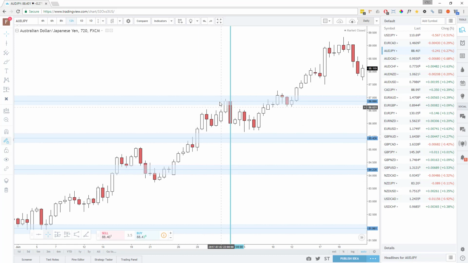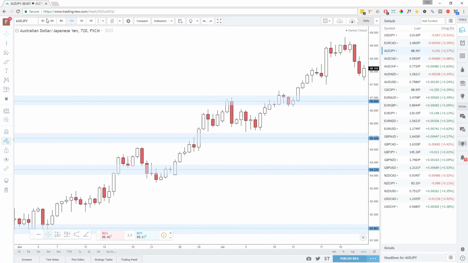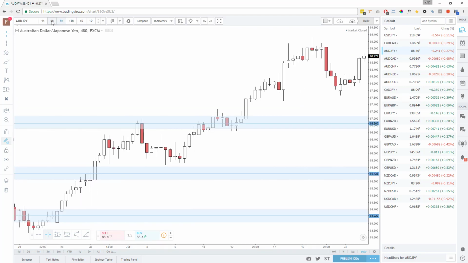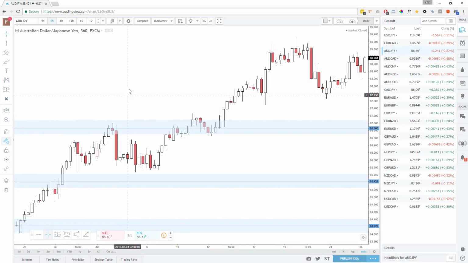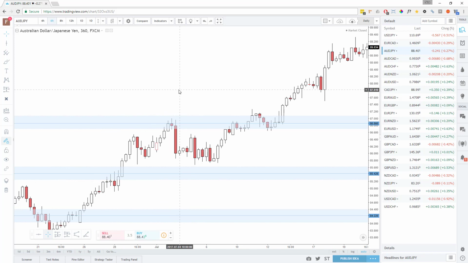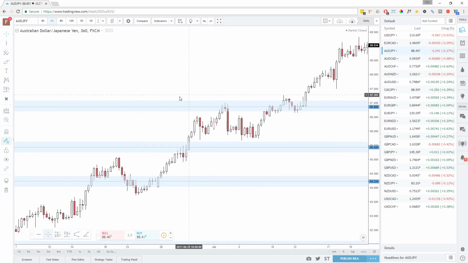I think there was an AUD-JPY example that I wanted to share real quick. This was another trade that I'm pretty sure I shared in my analysis video around about that time, around about the 4th or the 3rd.